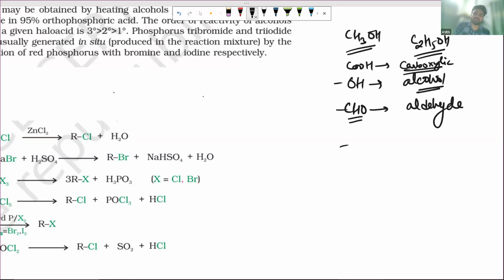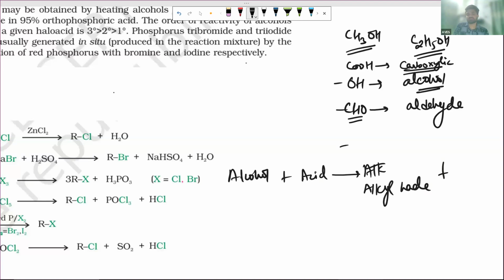When alcohols react with acids, they will give you alkyl halides plus water.